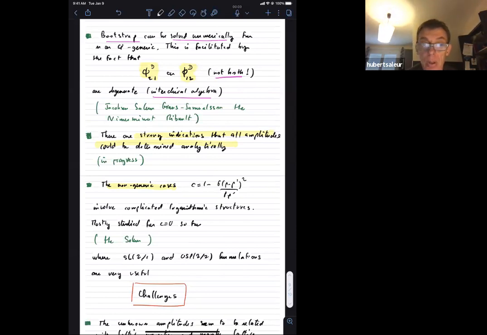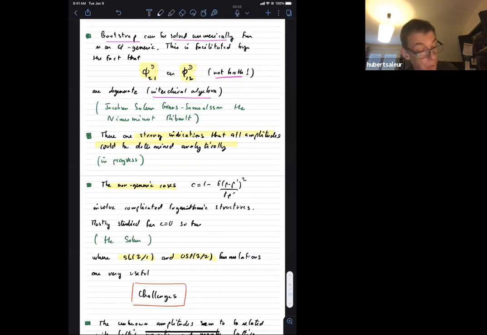There's very complicated logarithmic structure, which has not been studied in general very much. Most of the effort has gone on the c equals 0 case, in particular because we have this nice formulation in terms of SL(2|1) or in terms of OSP(2|2).